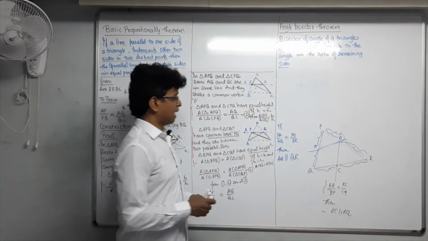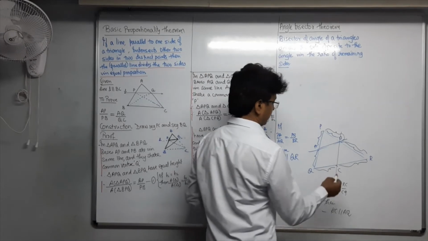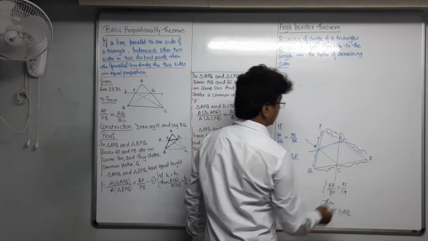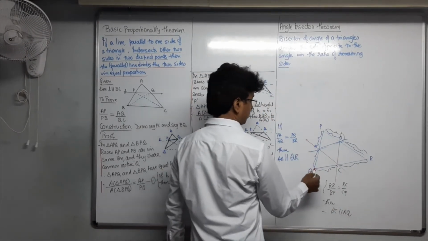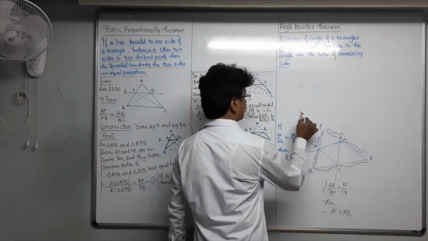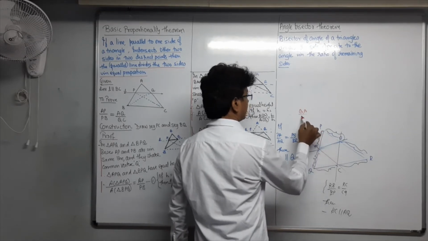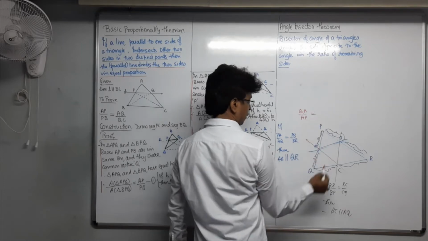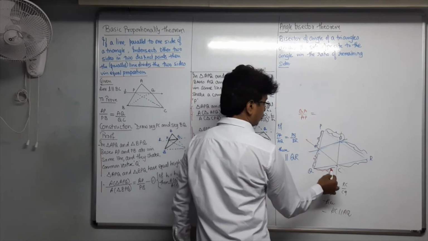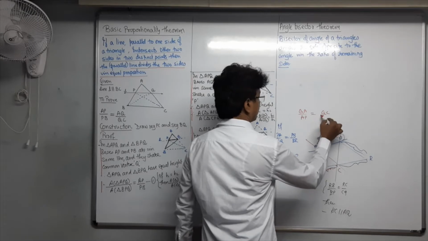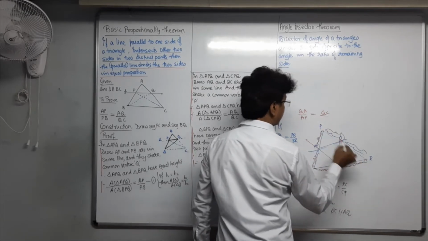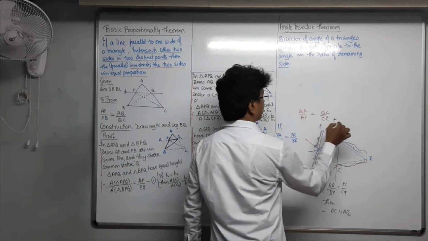Are you getting? Same if I go to the another thing. Supposing I get this AC. Here I get QA upon AP will be equal to what? Guess. QC upon CR.